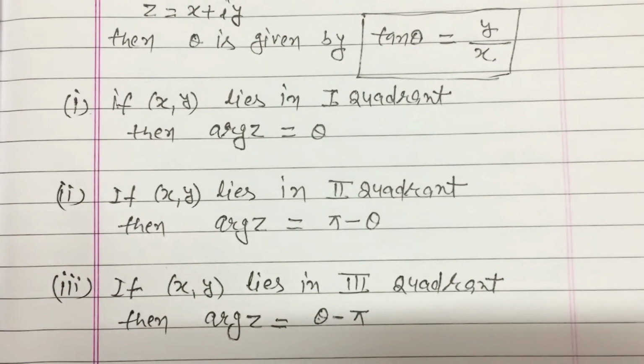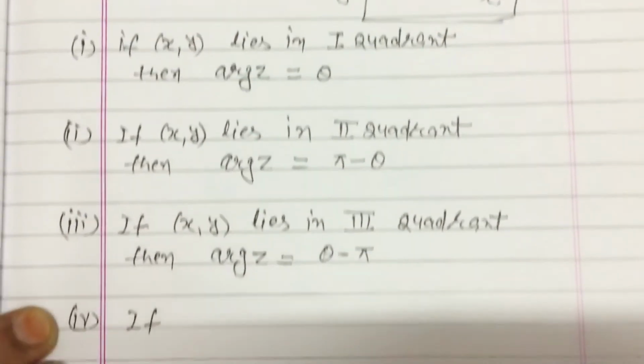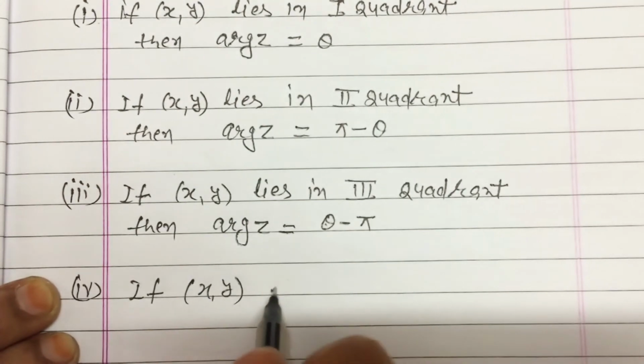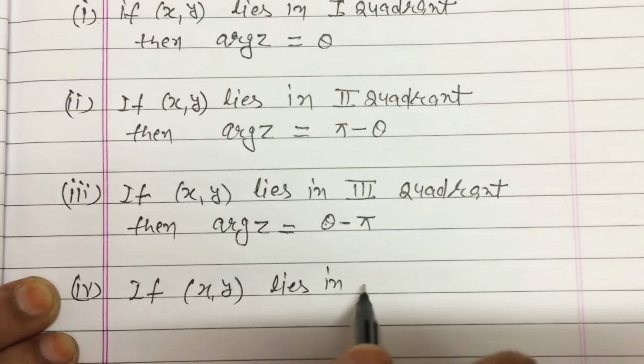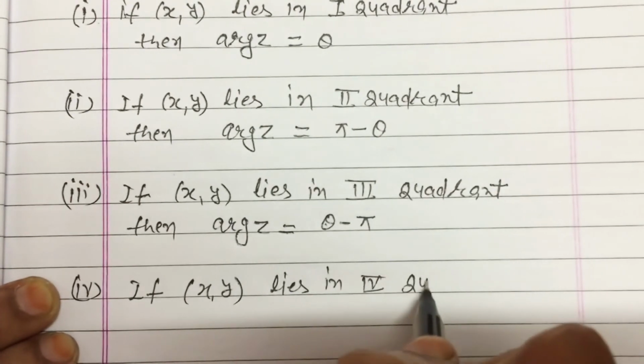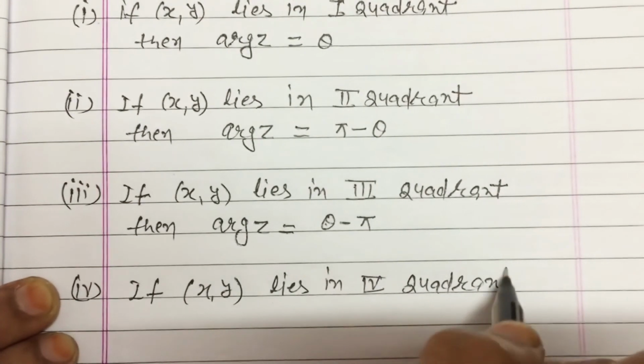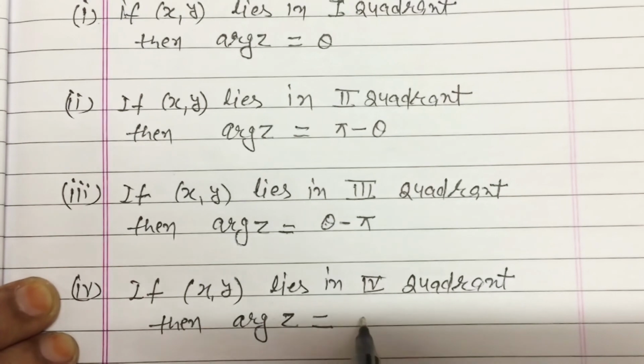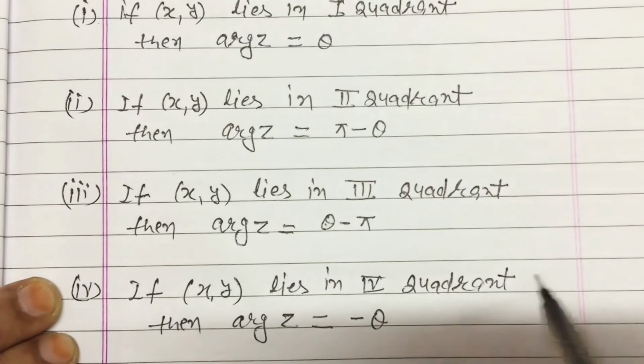Okay, and fourth, if (x, y) lies in the fourth quadrant, then argument of z is minus theta. Okay, according to these points we will solve the questions of the exercise.